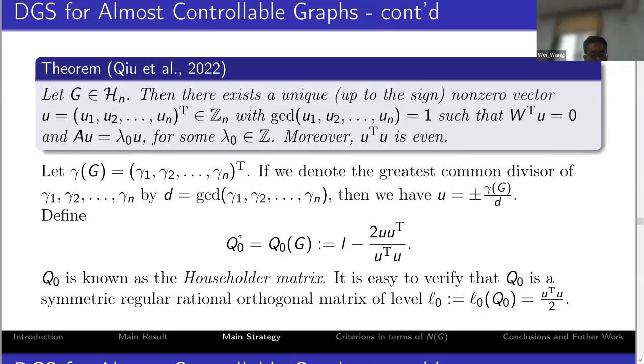Next, we define another matrix Q0 in this way. This matrix is actually the Householder matrix, and it's easy to verify that Q0 is a symmetric rational orthogonal matrix whose level is U transpose U divided by 2. Because this number is even, it can be divided by 2, so L0 is a positive integer.